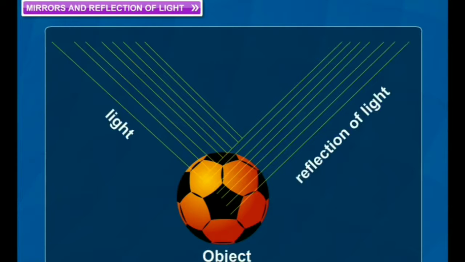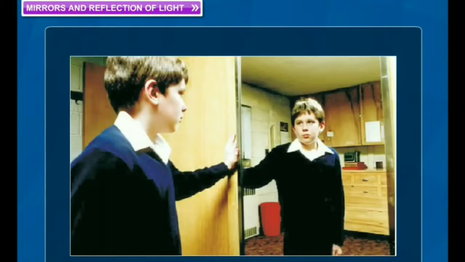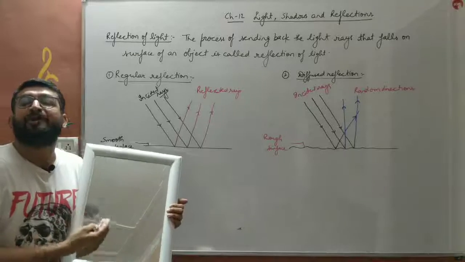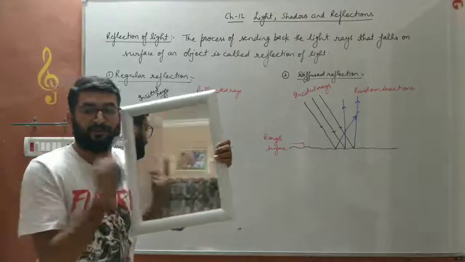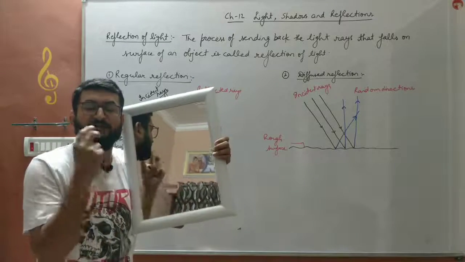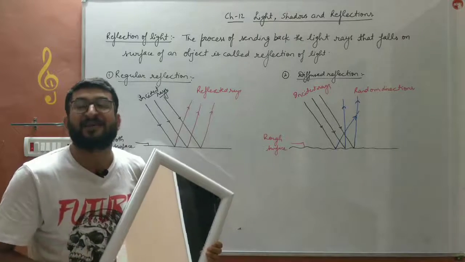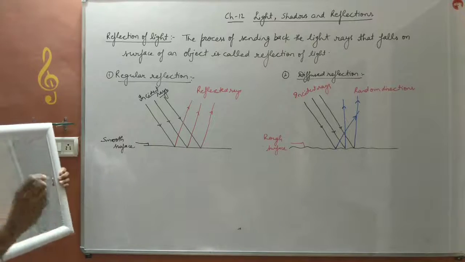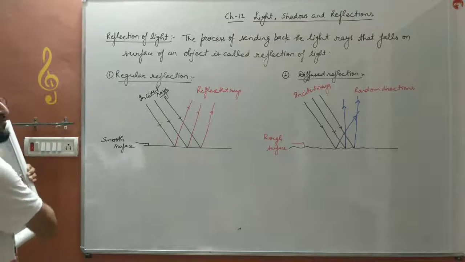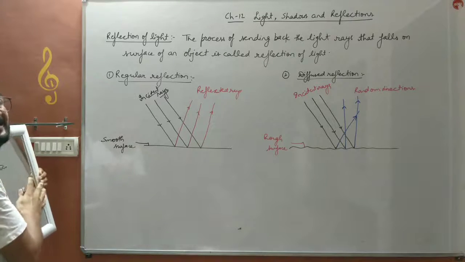The process of sending back the light rays which fall on the surface of an object is called reflection of light. I am holding a plane mirror in my hand which forms an image of mine. You can see easily, the image is formed by a plane mirror because it performs regular reflection.